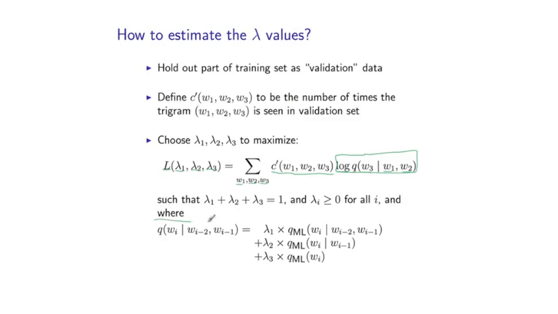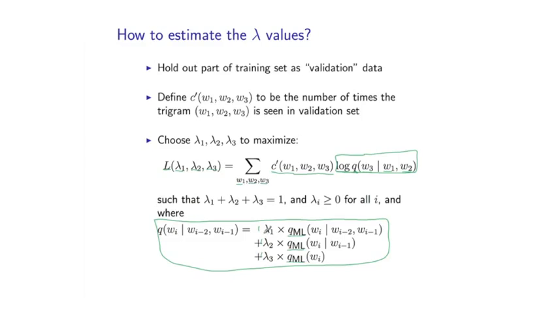And q is defined through the lambdas. So in fact, hidden in here is an expression which depends on the lambdas, and it's defined as before as the weighted average of these three maximum likelihood estimates.